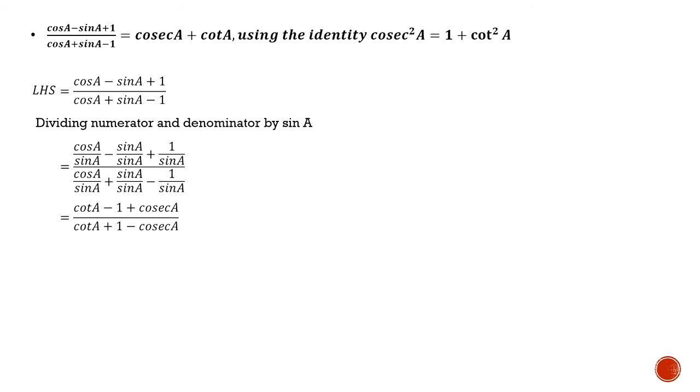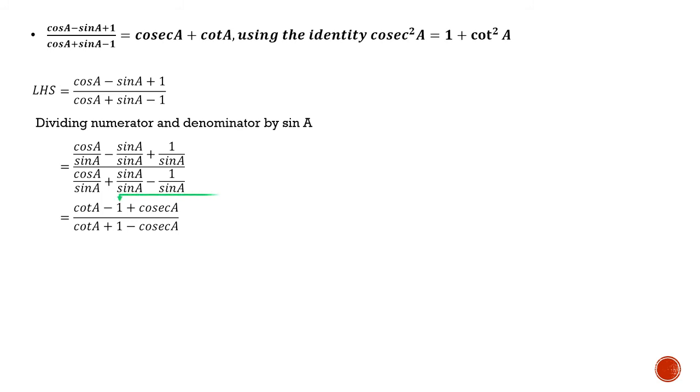I hope you are getting it, because that is why I have written this down in a very explicit manner. I am dividing by sine A in the numerator and denominator separately. To balance the expression, we have to do the division in both. We cannot do it in one. So that is what we obtain here.